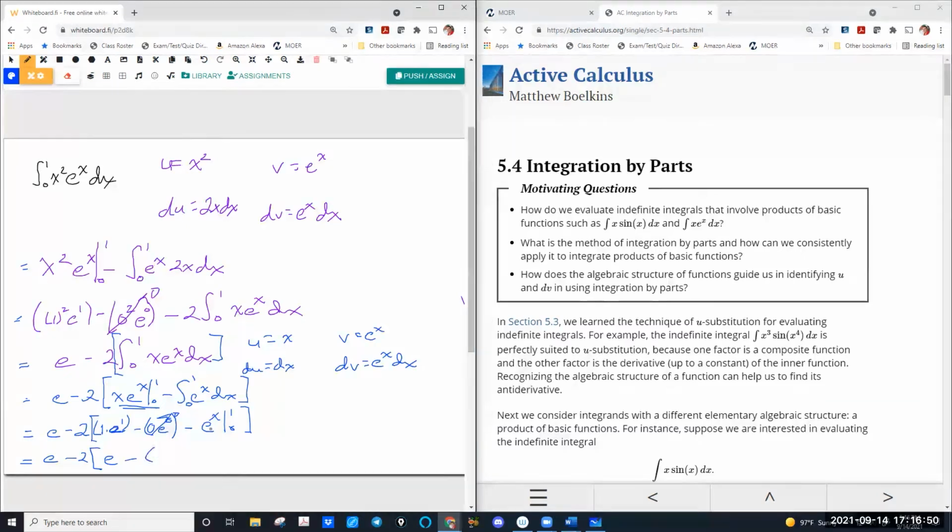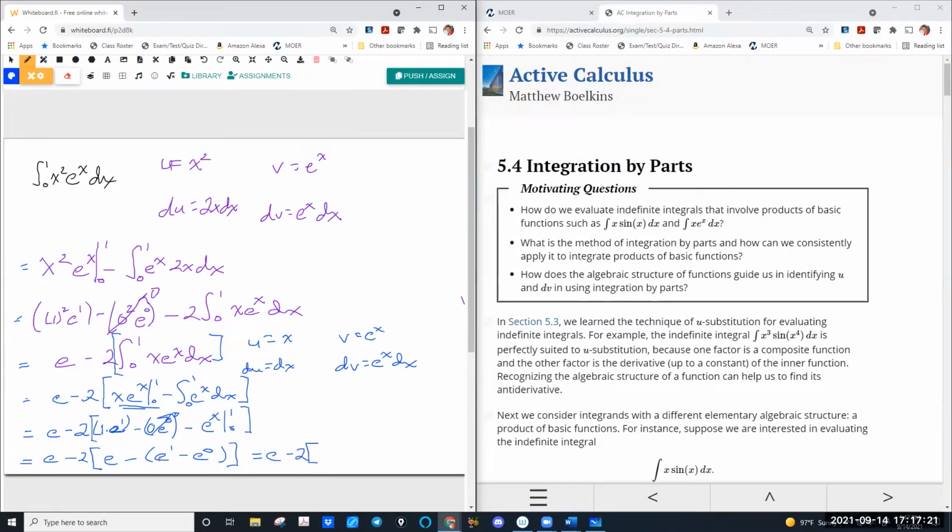Minus, now I'm going to plug in these limits. e to the 1 minus e to the 0. I hope you can see how important these parentheses are because of this minus. It's why the bookkeeping is so important on integration by parts. Because of this minus in the formula, we're constantly having to distribute that negative. So let's do it from the inside out so we don't miss a step.